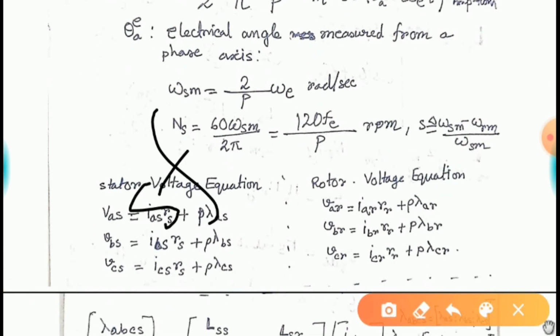In your drives course later, in fifth or sixth semester, you will read electrical drives and see how this slip frequency voltage can be reutilized.